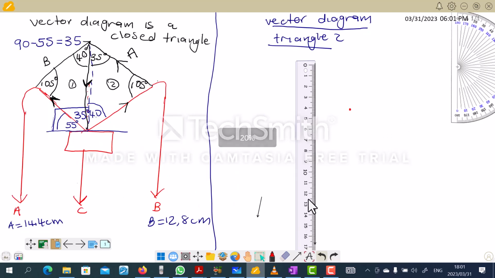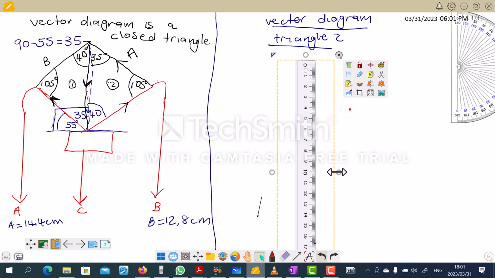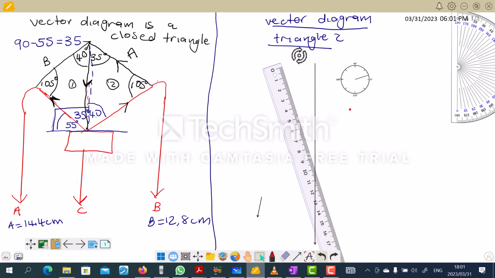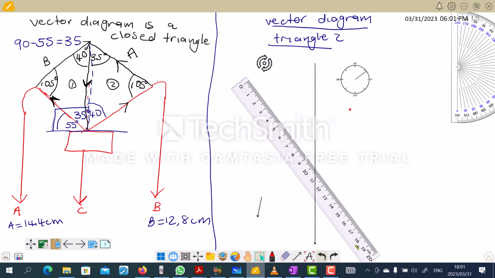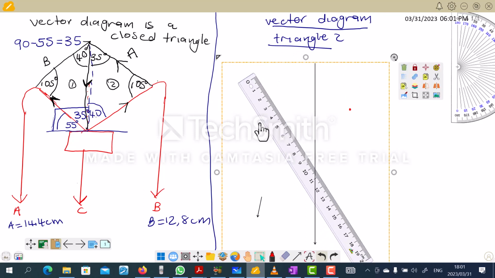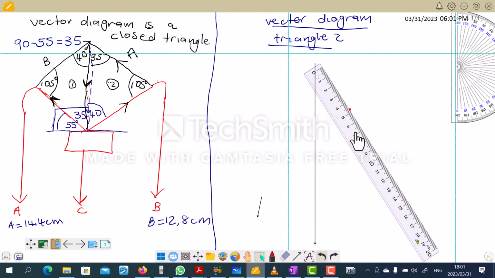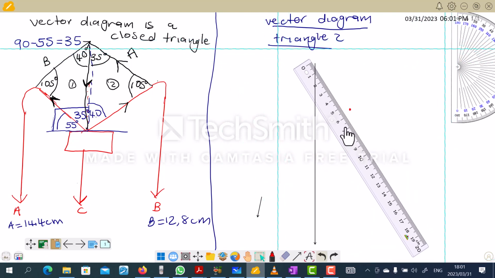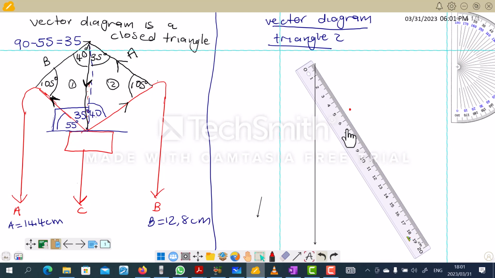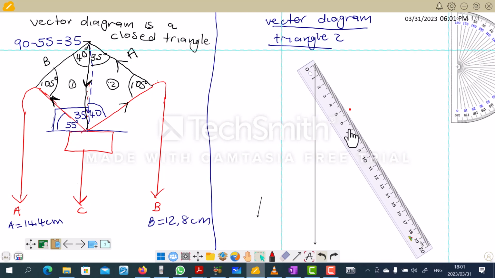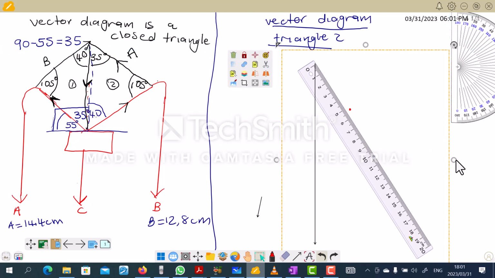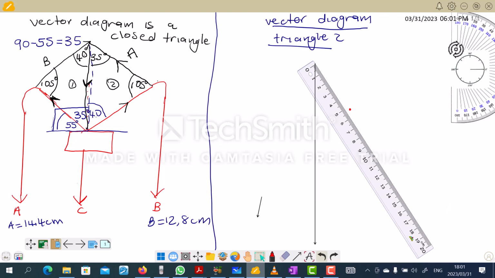I need now to make my ruler tilt towards that line, which is 35. Okay, I'm going to do it like this. Now I need to draw this line. Let me put it close.